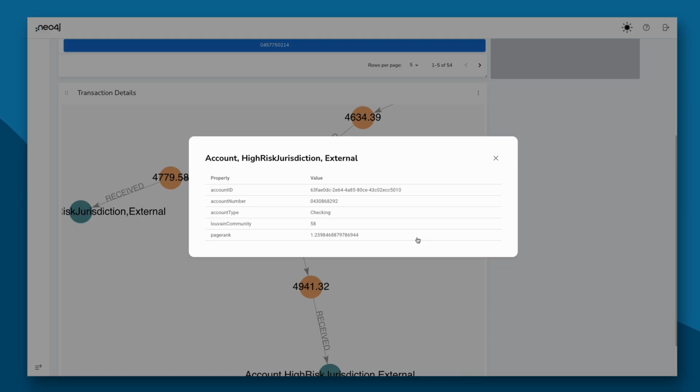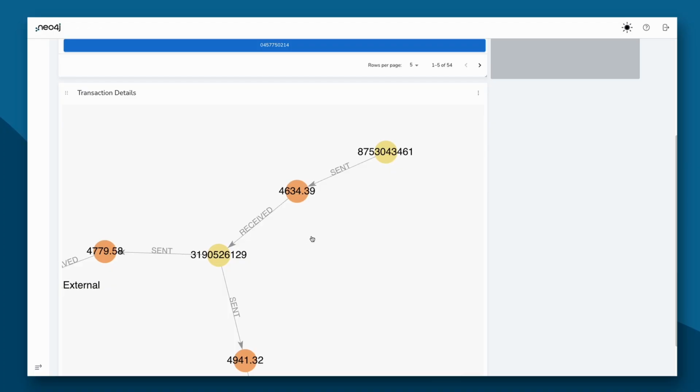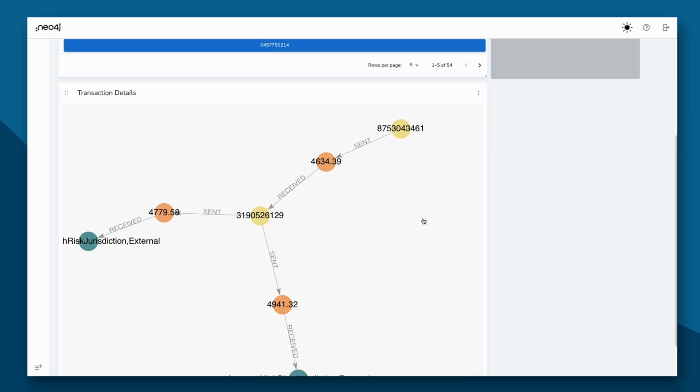And just like we did before, we can investigate the details of those transactions or those accounts. And we can see how money was sent into that account from another account. So we get a very broad picture, not just the instant transaction we're concerned with, but we can look at the background behind that transaction and where that money potentially came from.